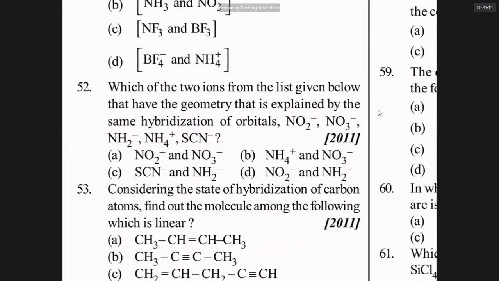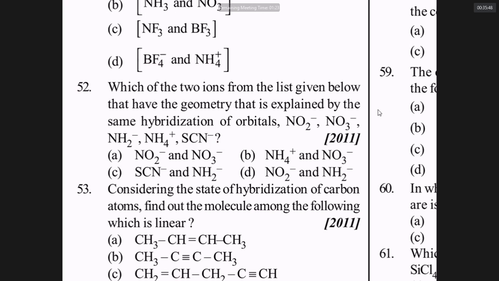Look at question number 52, a more difficult question. NO2 minus is an AB2 type molecule, AB2E type.